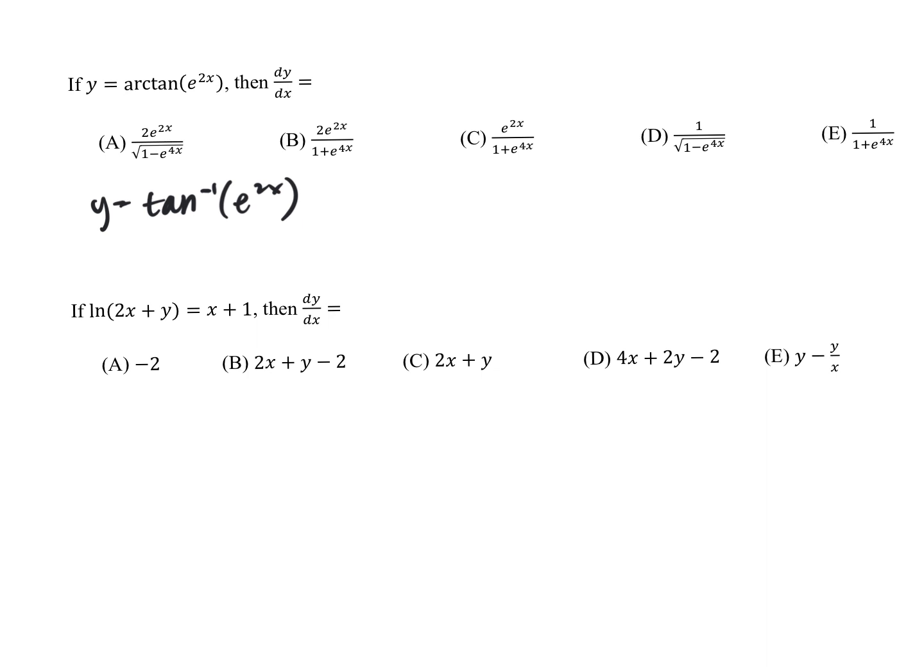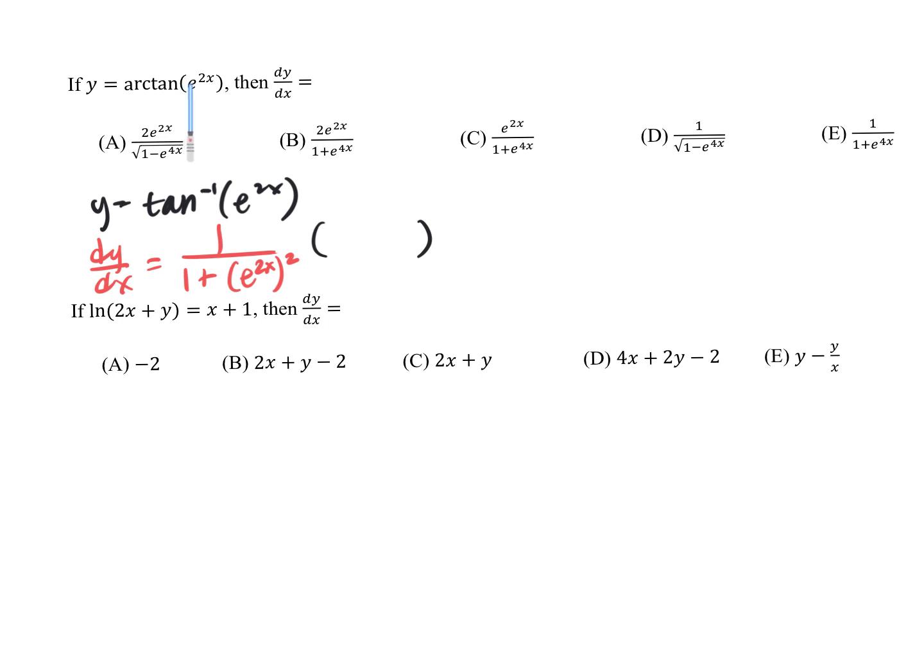Does anyone remember the derivative of inverse tan? 1 over 1 plus u squared, agreed. And my u in this case is e to the 2x, right? Squared, you just said. This is the easiest part to forget: the derivative of my u.